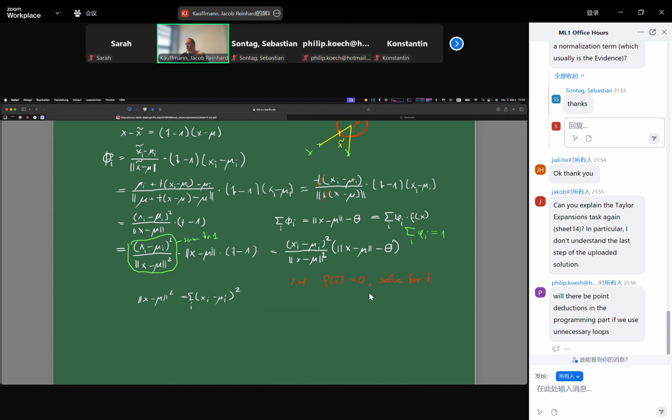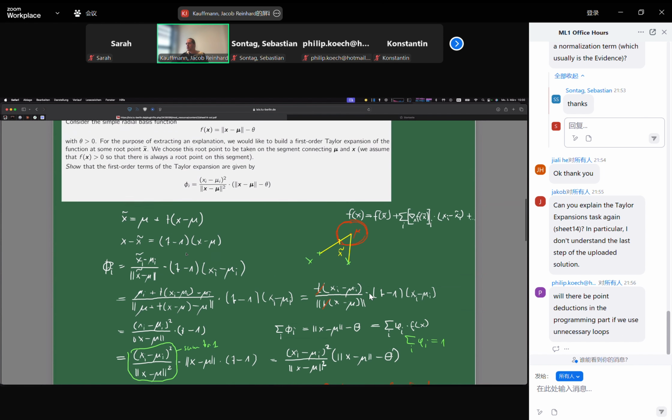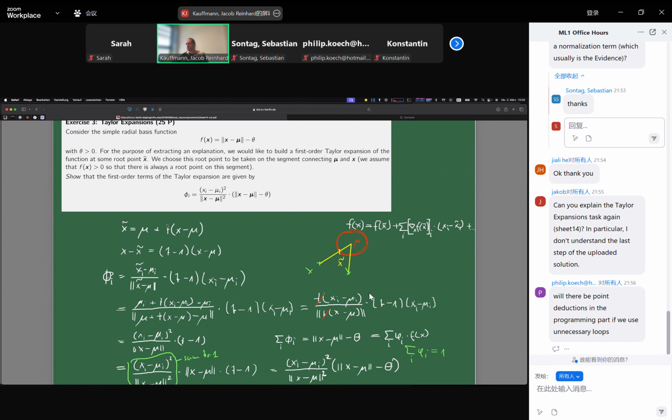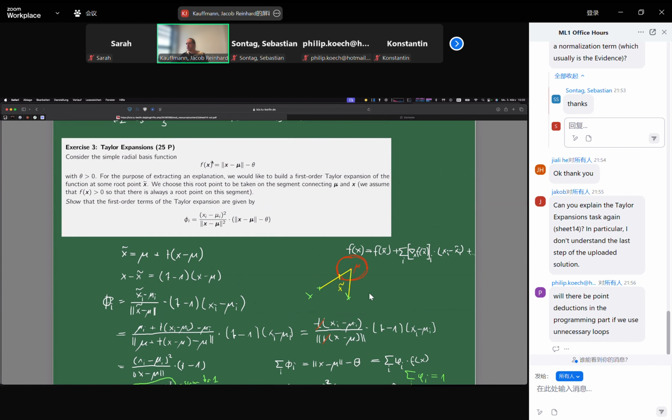There are other ways to solve it. Basically, what you can do is use the fact that we pick t such that f of x tilde is equal to 0, right?